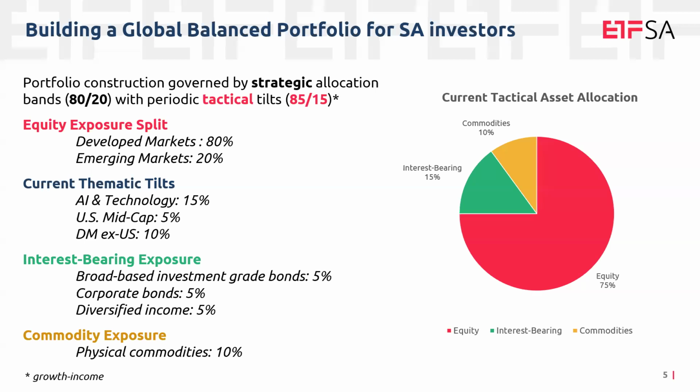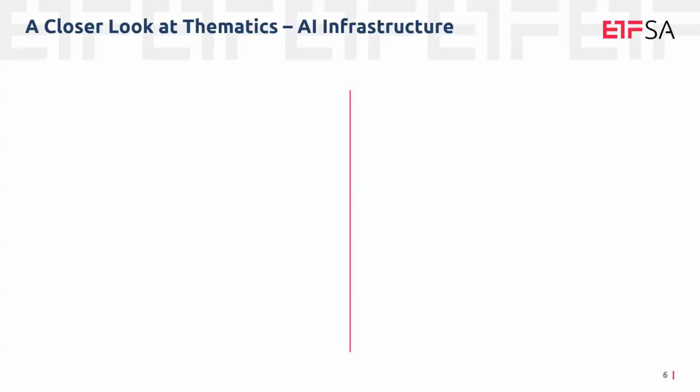So the first one that I want to look at is the AI and technology one. And here specifically our chosen exposure is to move towards AI infrastructure. Because what is the investment thesis that we see in terms of this?